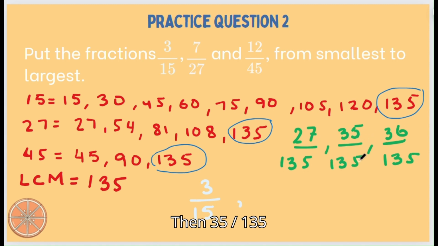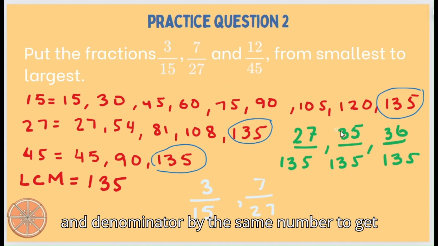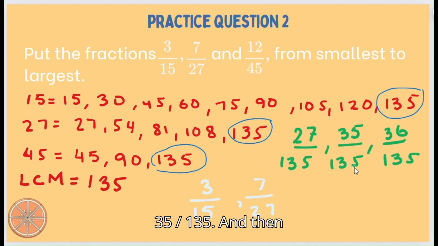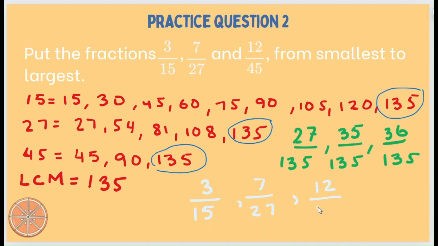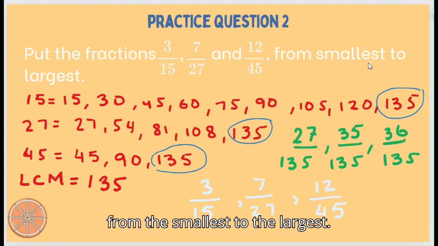Then 35 over 135 is equivalent to 7 over 27, because we multiplied both the numerator and denominator by the same number to get 35 over 135. And then 36 over 135 is equivalent to 12 over 45. So now I've arranged all my fractions from the smallest to the largest.